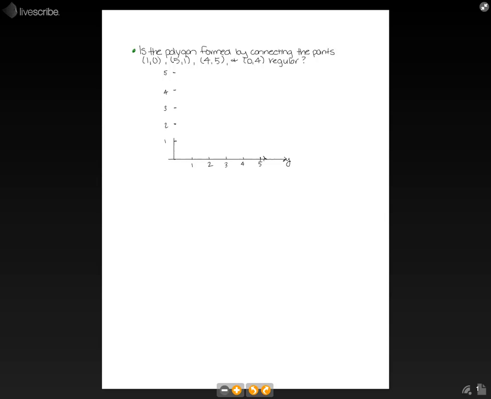So first, the point (1, 0), the point (5, 1), which we can find with the intersection of 5 and 1. The point (4, 5), which if we draw a dotted vertical line all the way up and hit the 5, okay, and (0, 4), which is on the axis, and we connect those points together, we see that we get a polygon.